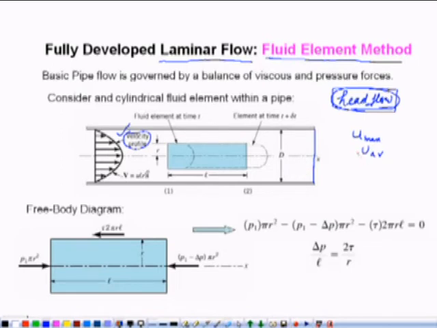So we can also find out the maximum velocity in the pipe, the average velocity in the pipe, and the head loss. This is not head flow, this is head loss. Our aim is to find out head loss.